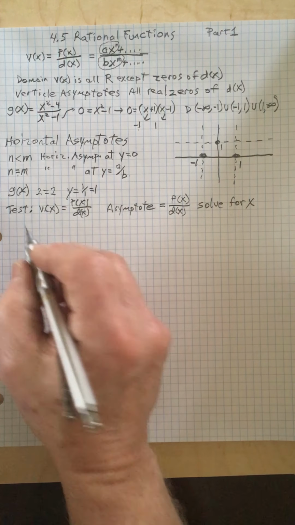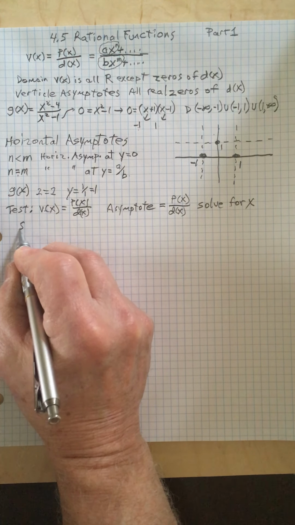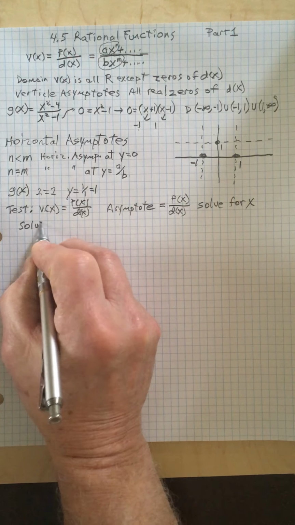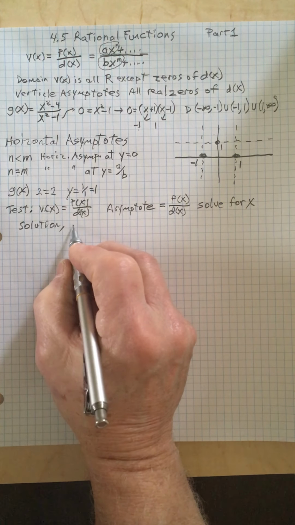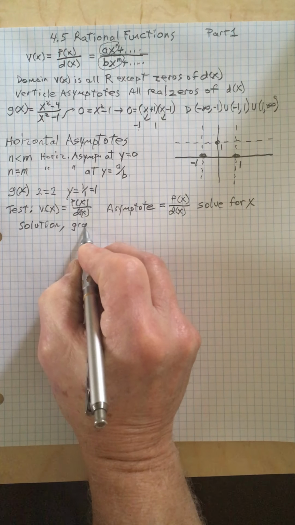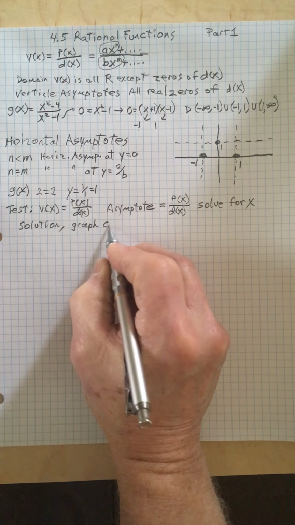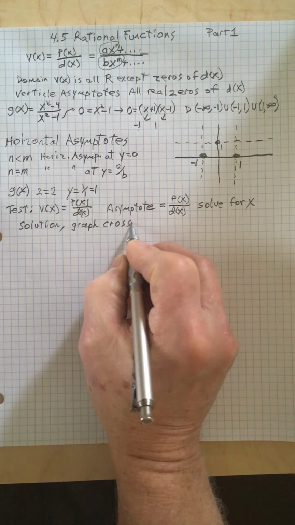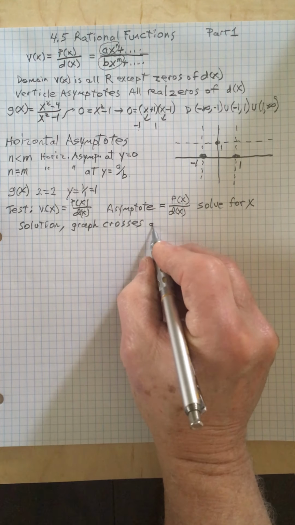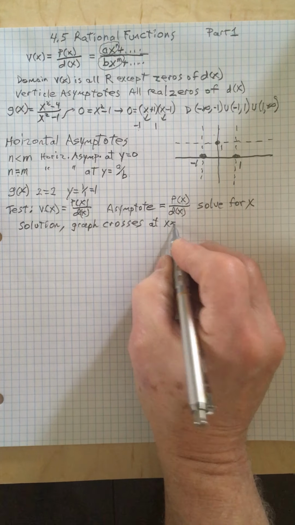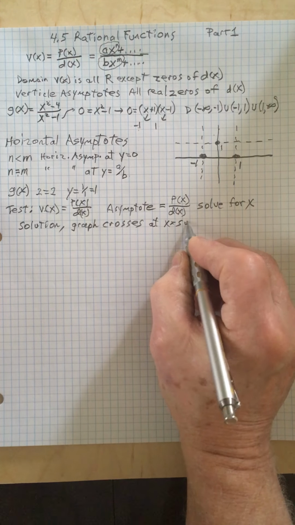Two possibilities. You get a solution. If you get a solution, then the graph crosses the horizontal asymptote at x equals whatever the solution is.